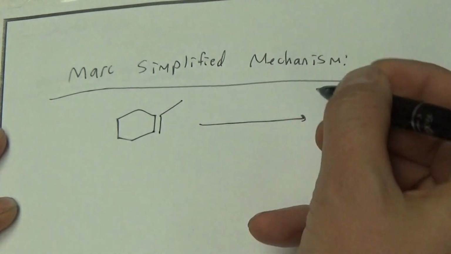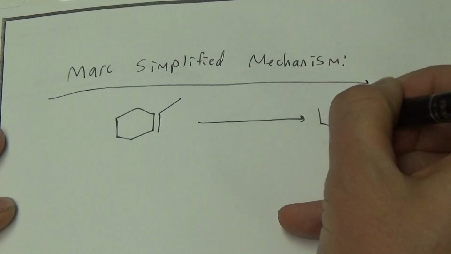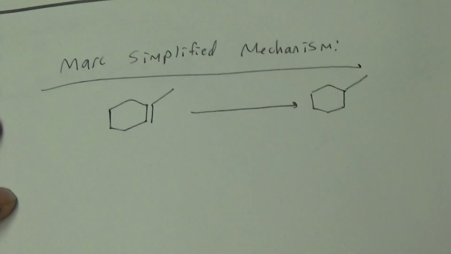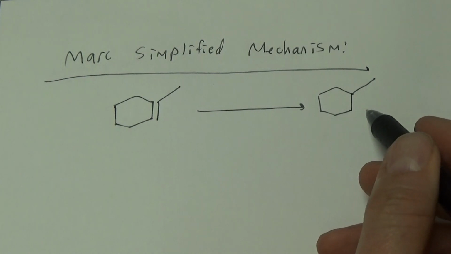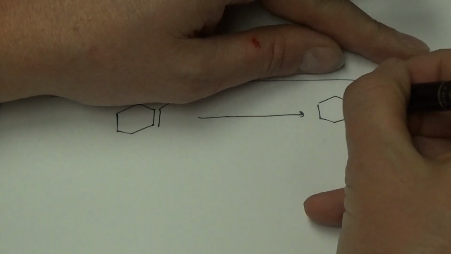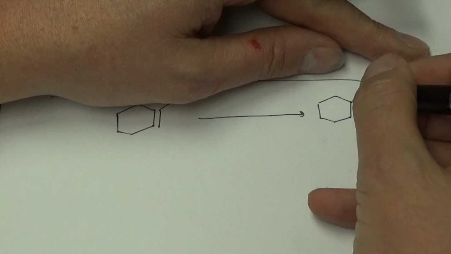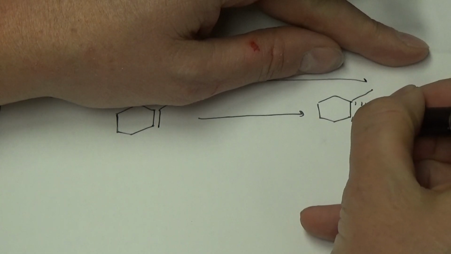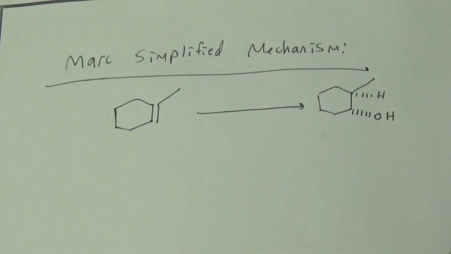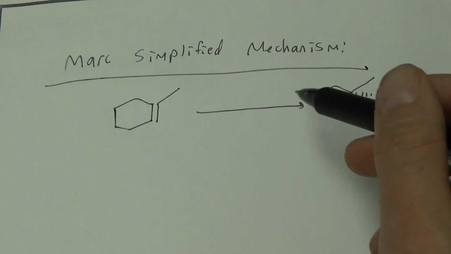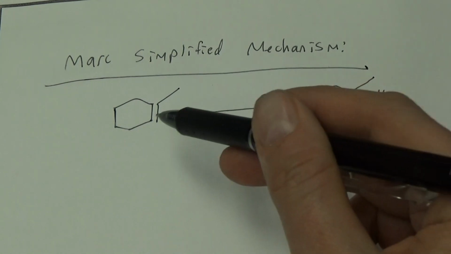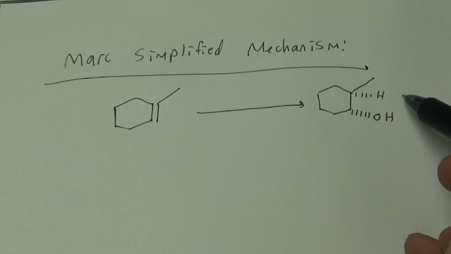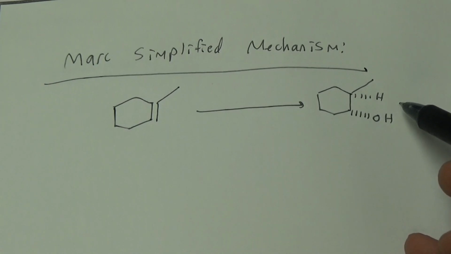Alright, so we'll do methyl cyclohexene. What's the anti-Markovnikov alcohol of this alkene? The hydroxy group will be on the least substituted side. There is actually a little bit of a stereochemical consequence of this, and I'm going to show it now. Depending on the substrate, we wouldn't need to draw the stereochemistry. It's just because it's a cyclic molecule. We definitely see that the H and the OH are the same stereochemistry.